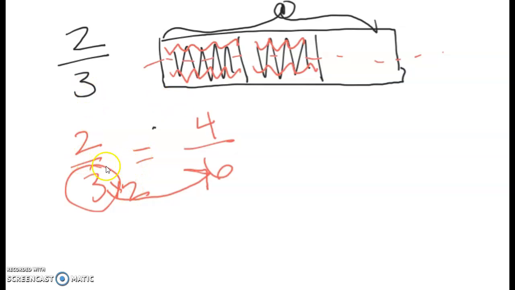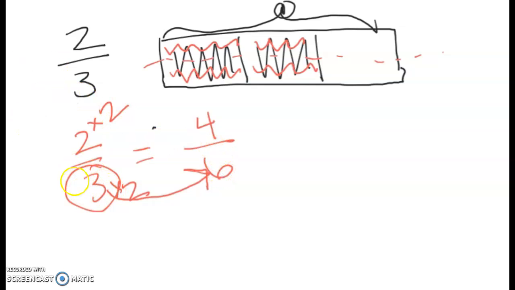It's required. If we don't do that, we'll end up with pieces that are not accurate. So what we do to the bottom, we do to the top. And you might know that 2 times 2 is 4, 3 times 2 is 6, okay? So this is another strategy you can use to find equivalent fractions.